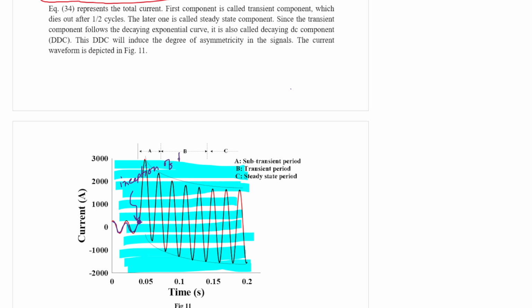When this inception of the switching happens, the sudden rise of the current happens. It is quite clearly observed. So this region of the response represents the transient nature of this current waveform.